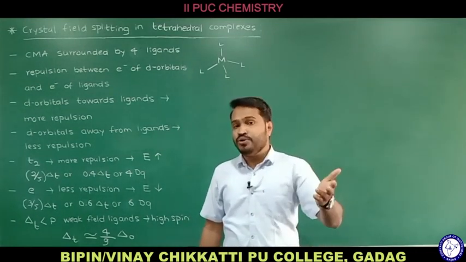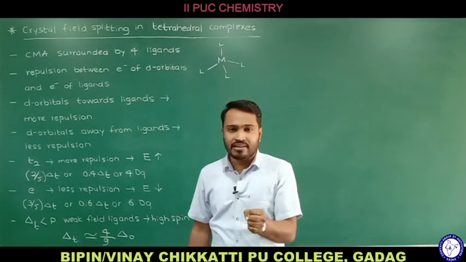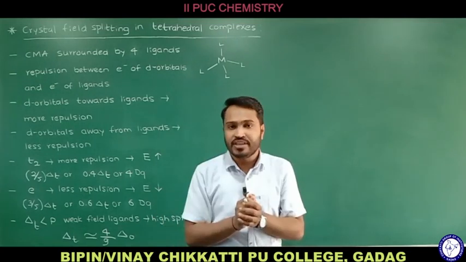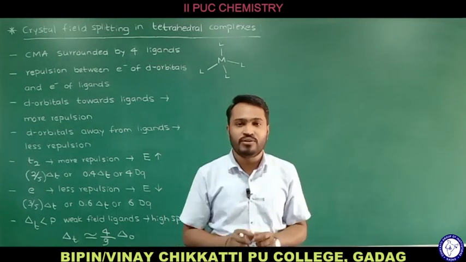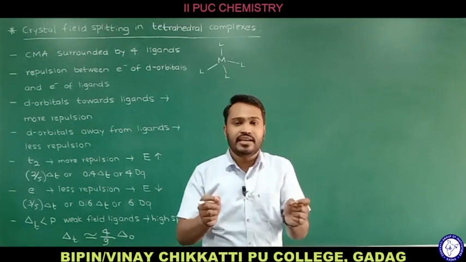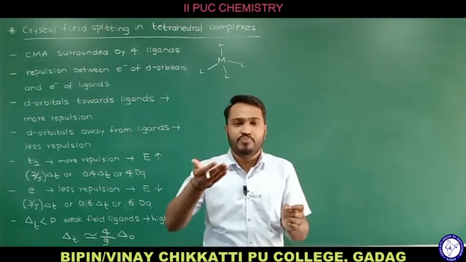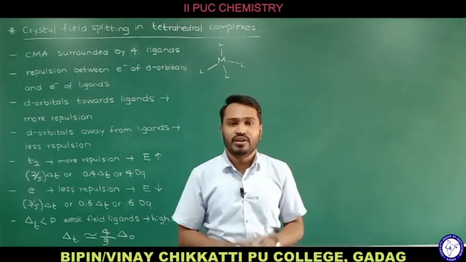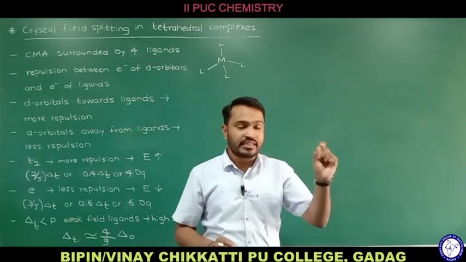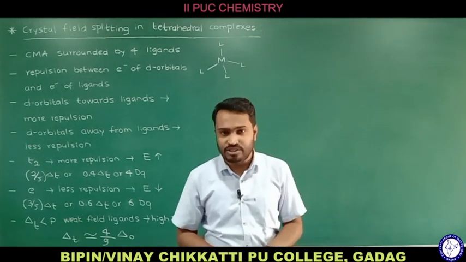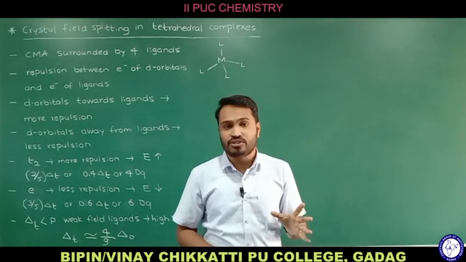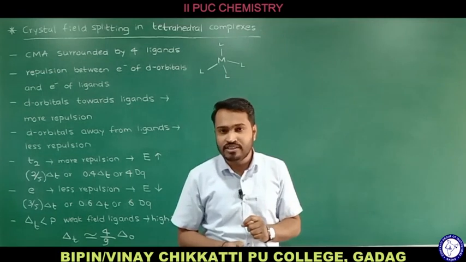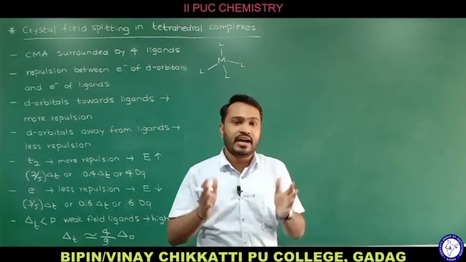When the ligands approach the central metal atom, the degeneracy of the d atomic orbitals is disturbed. The degenerate d atomic orbitals are lifted up and undergo splitting to form 2 sets of d atomic orbitals, which we call T2g and Eg. Which experience more or less repulsion depends on which set approaches along the axis and which in between the axis.